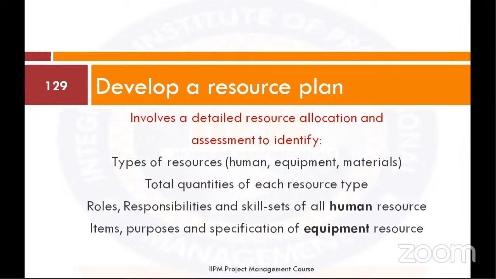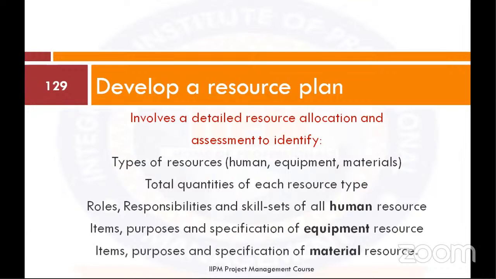So it involves a detailed resource allocation and assessment to identify the type of resources, human, equipment, materials, the total quantity of each resource type, roles, responsibilities, and skill sets of all human resource items, and the purposes and specification of equipment and material resources.